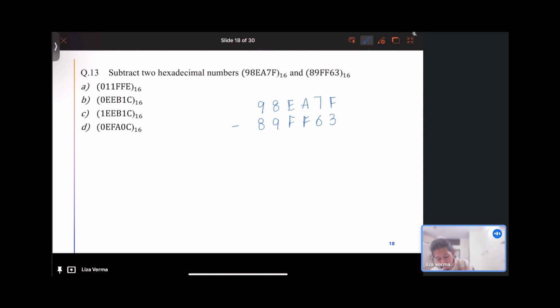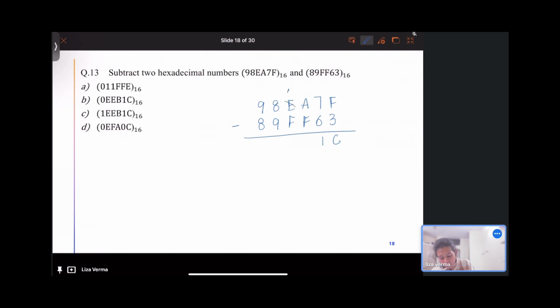And these are in hexadecimal number system, and we need to subtract them. So F minus 3, F is 15, F minus 3 would be C, 12. 7 minus 6 is 1. A minus F. Now A is less than F. A is 10, F is 15. What would that require us to take? A borrow from the next digit here.